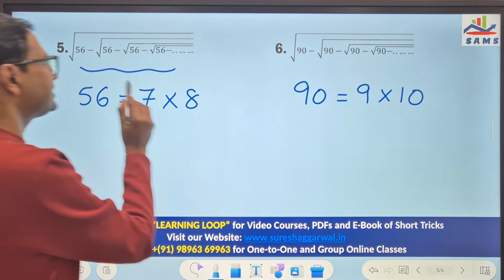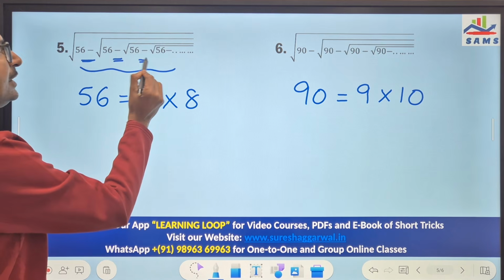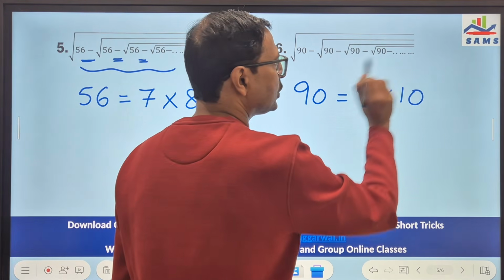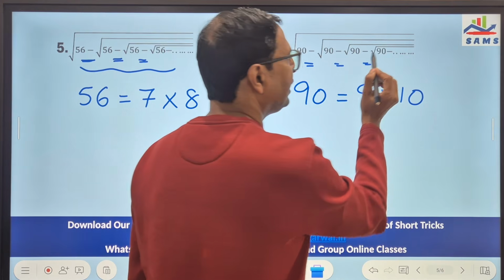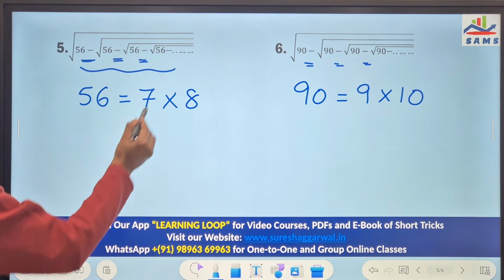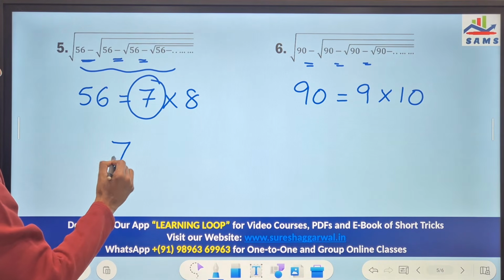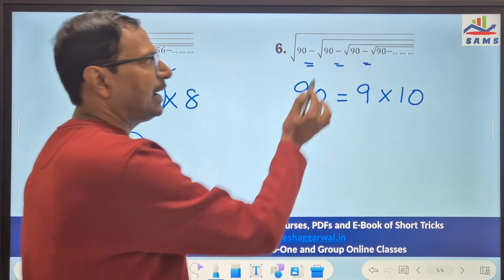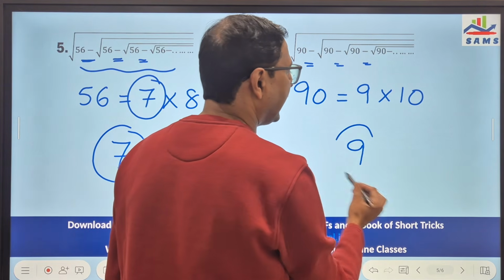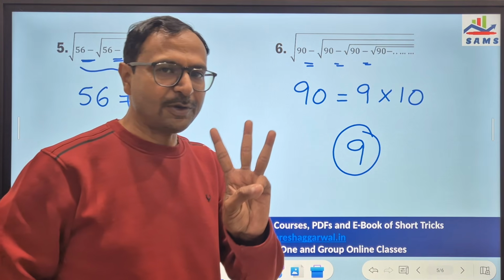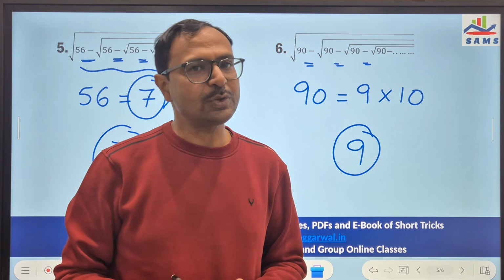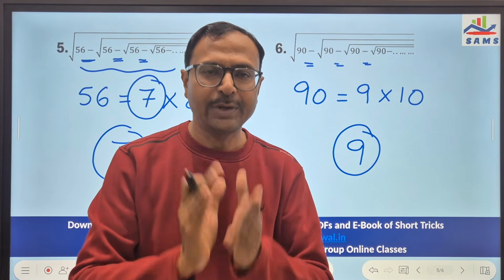Now this time, since there is a minus sign in the square roots and it is carrying on up to infinity, the answer will be the smaller number which you have obtained. That means this square root will have 7 as the answer and this square root will have 9 as the answer. So 3 different concepts and 3 different types of multiple square root questions being solved so easily.